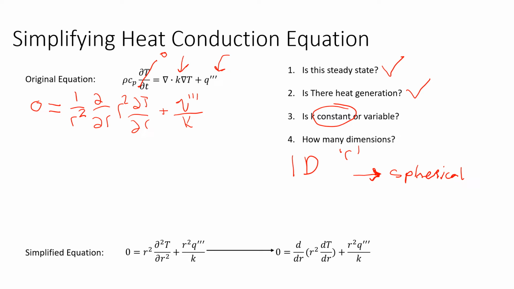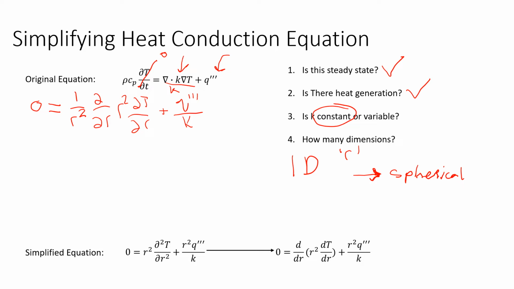I already divided the equation by k, so k moved underneath q triple prime, and obviously 0 divided by k is 0, so we just divided that out.